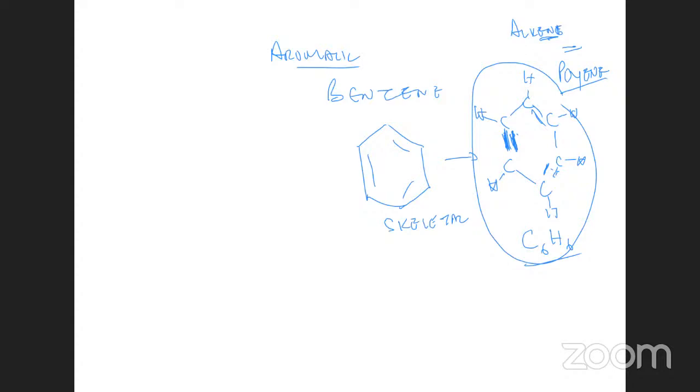So there's a calculation to tell how many pi electrons are there. Like benzene has 6 pi electrons. 1, 2, 3, 4, 6. So this rule to calculate was given by Huckel.